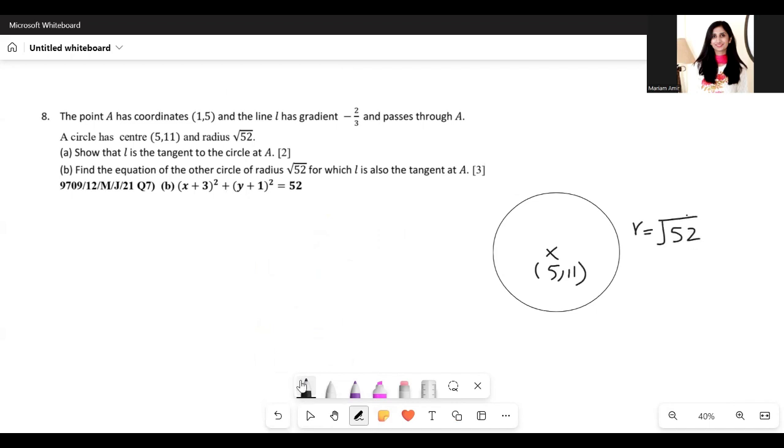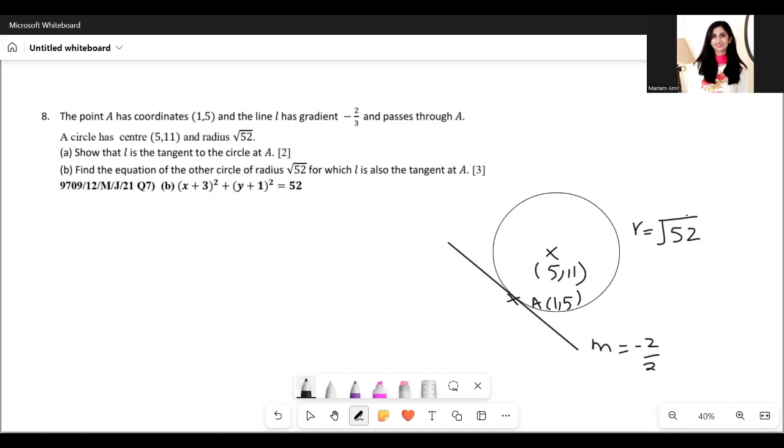There's a point A, (1, 5), so it should be somewhere over here. And it has a line L passing through it, and you have to show that this line is tangent to the circle. It has a negative gradient, hence the falling line.